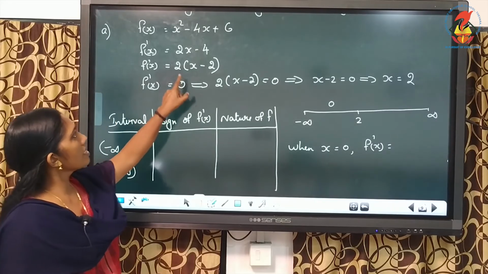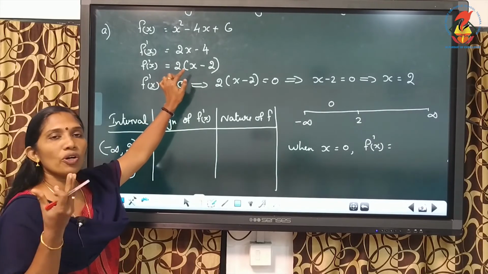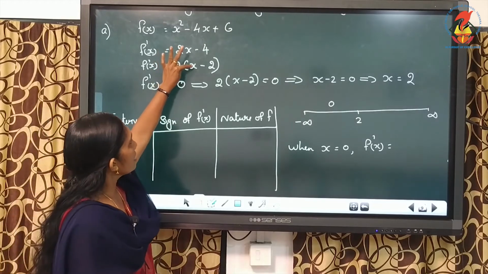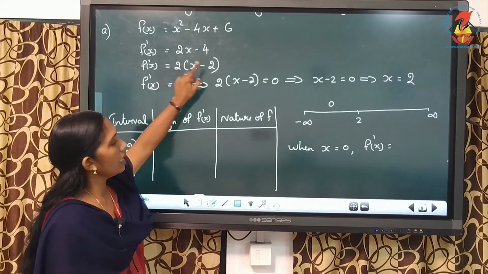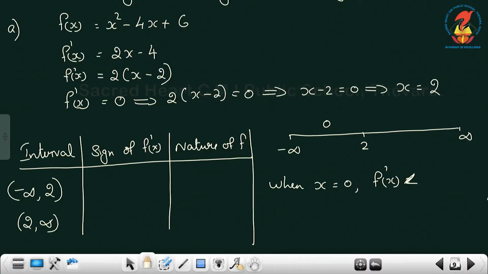The value is not important, just the sign. When x is 0, minus 2 into 2 becomes minus 4. That is f dash x is less than 0. So less than 0 means strictly decreasing.